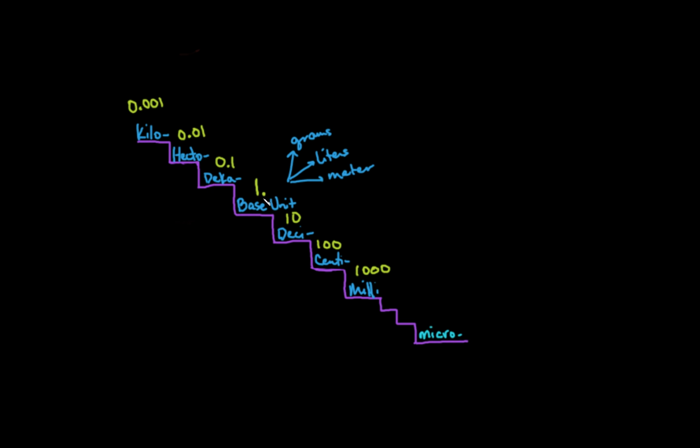And then we can go down, we skip 3 more, 1, 2, or we go down to the third one from that, and we call that level nanometers, right? And then we can go 3 more down, 1, 2, 3, and now we're talking about picometers. So these are really tiny units compared to our base unit, but they're just units, right? There's nothing really scary about them.